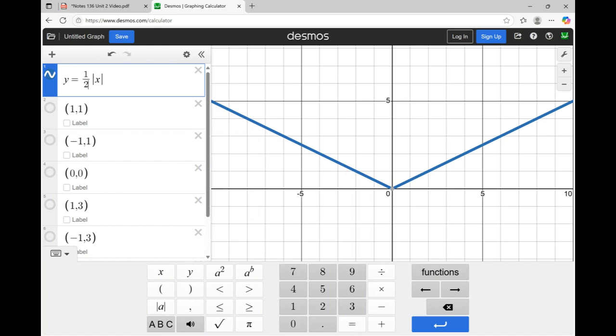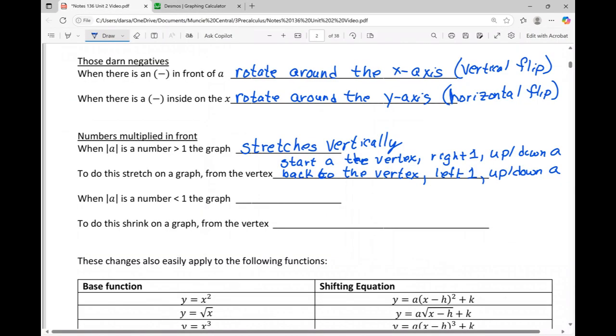Mrs. Hoffman will understand. But anything that is an absolute value less than 1 will be a shrink. It'll squish it down so it'll look wider. That's the idea here. So when absolute value of A is less than 1, the graph shrinks vertically by that much.